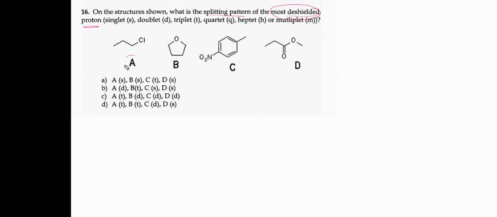For molecule A, the most de-shielded hydrogen is going to be those two hydrogens. Can somebody tell me just for that molecule what the multiplicity is going to be for this hydrogen?